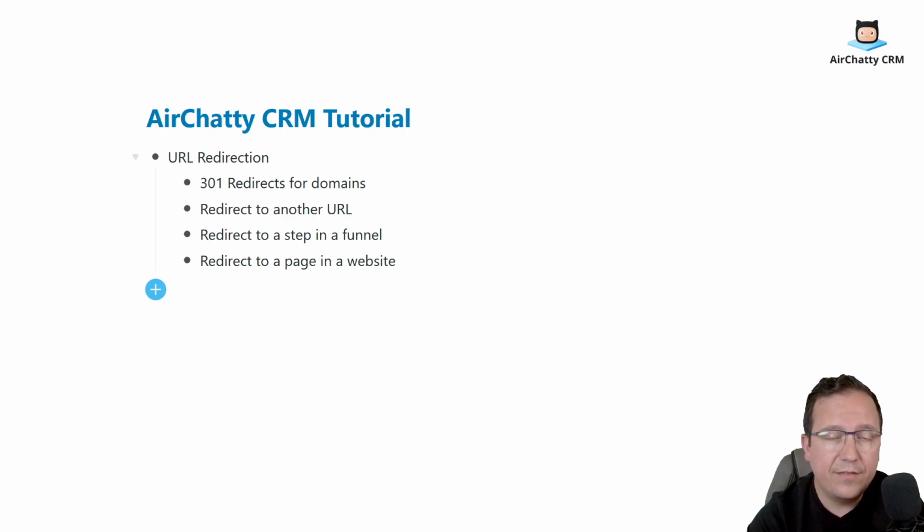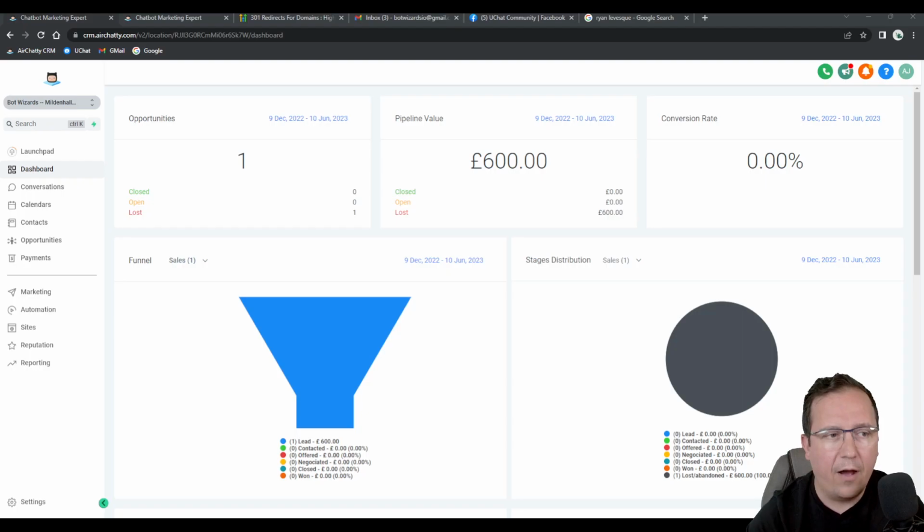And if somebody clicks on the link on Google, it will show a 404 page, no page found, or whatever. Then you can use the 301 redirect for your domain, and I'm going to show you how to do this right now.